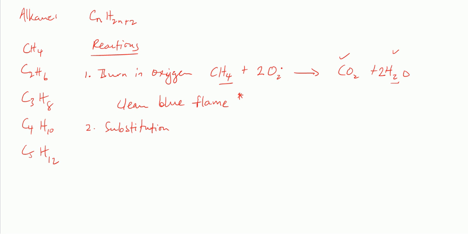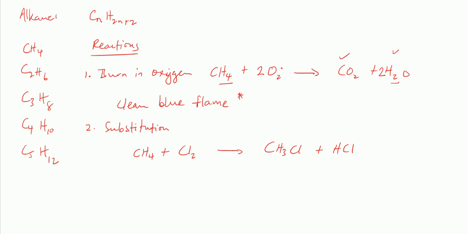Now, in the case of substitution, let's say we have CH4 plus chlorine gas, right? What we could get is CH3Cl plus HCl, right? That is just one reaction that you can get.